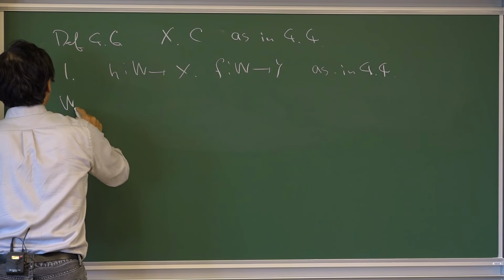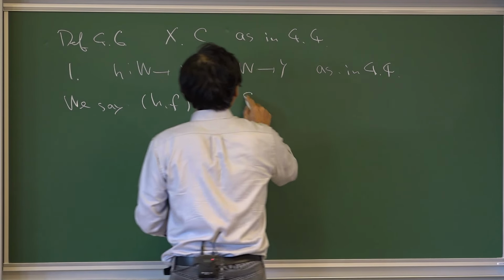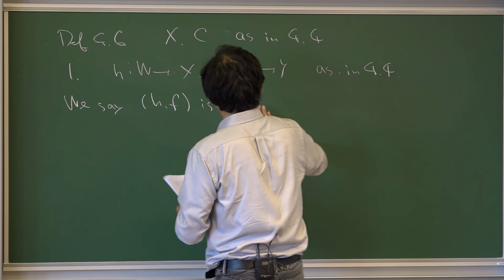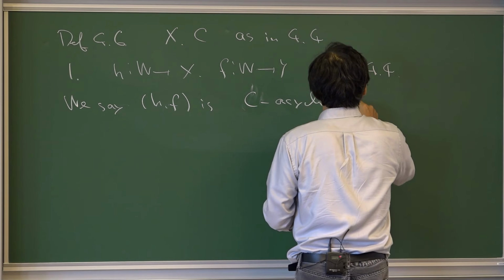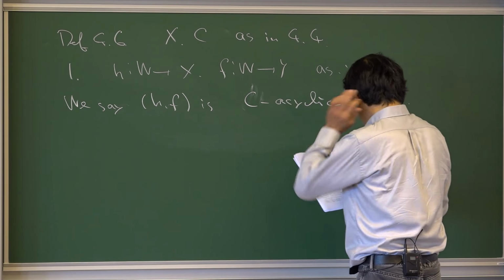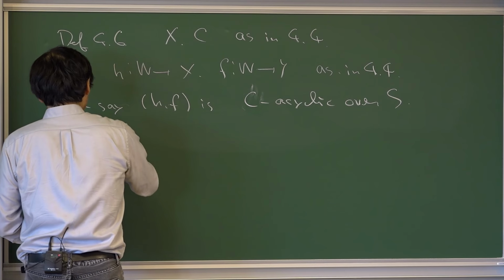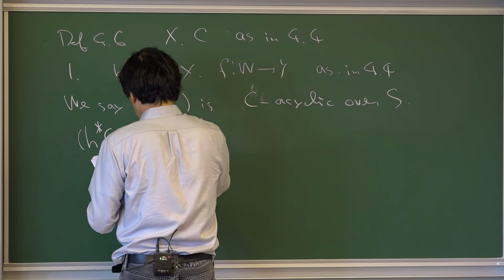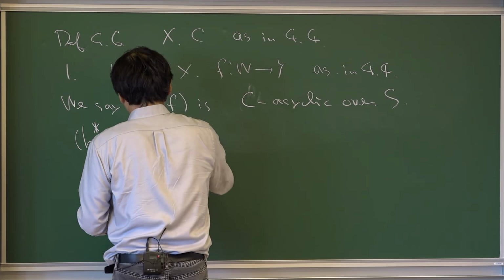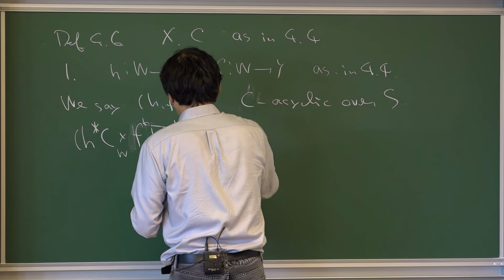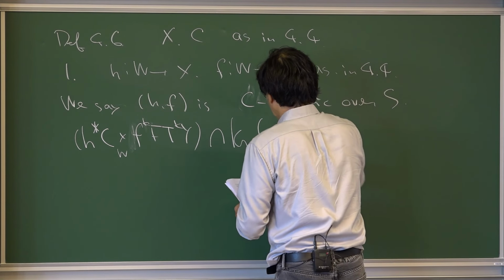Then we say this pair is C acyclic over S. This condition is rather complicated. So we consider the pullback times pullback of everything, and its intersection with the kernel.